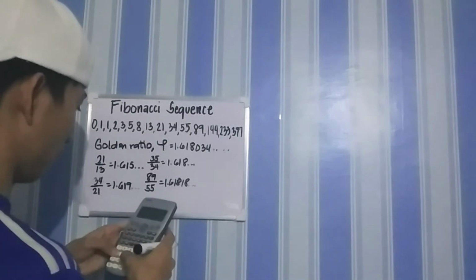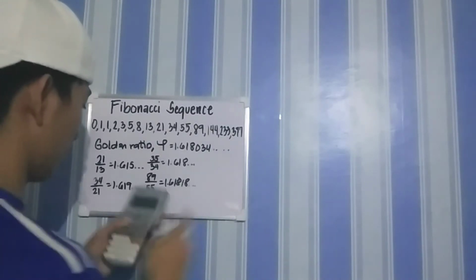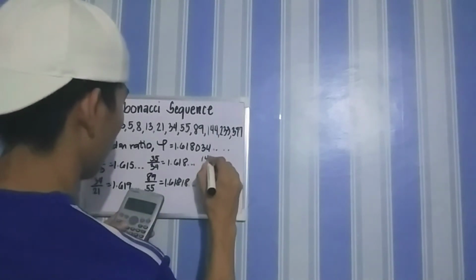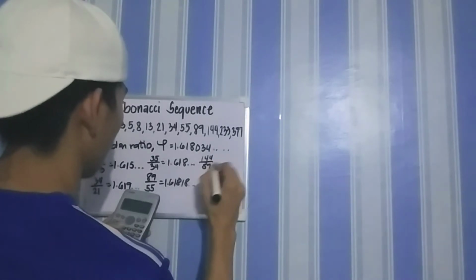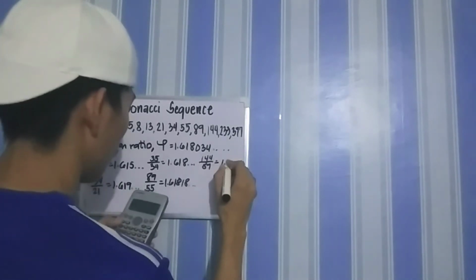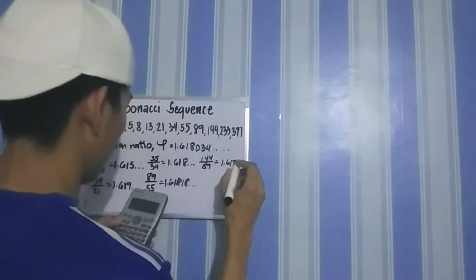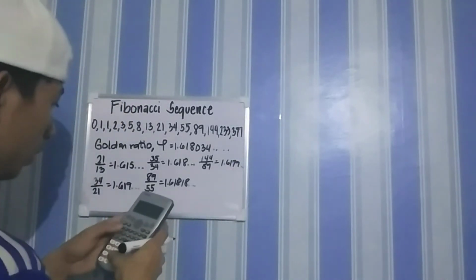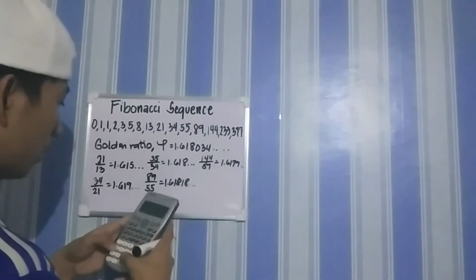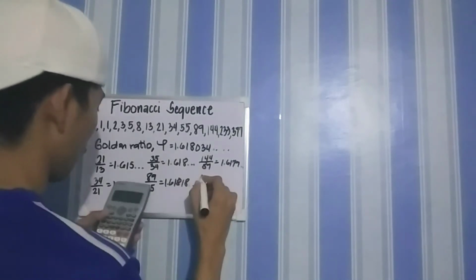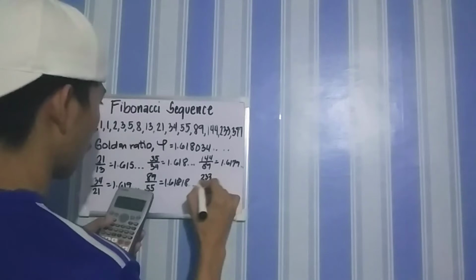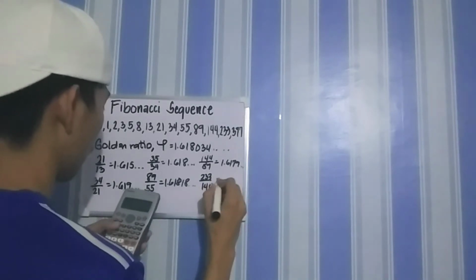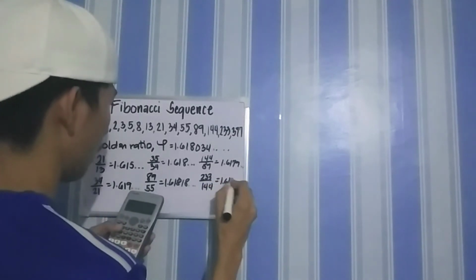Next, 144 over 89. 144 over 89 is equal to 1.6179 continuous. Next is 233 over 144. 233 over 144 is equal to 1.6180 continuous.